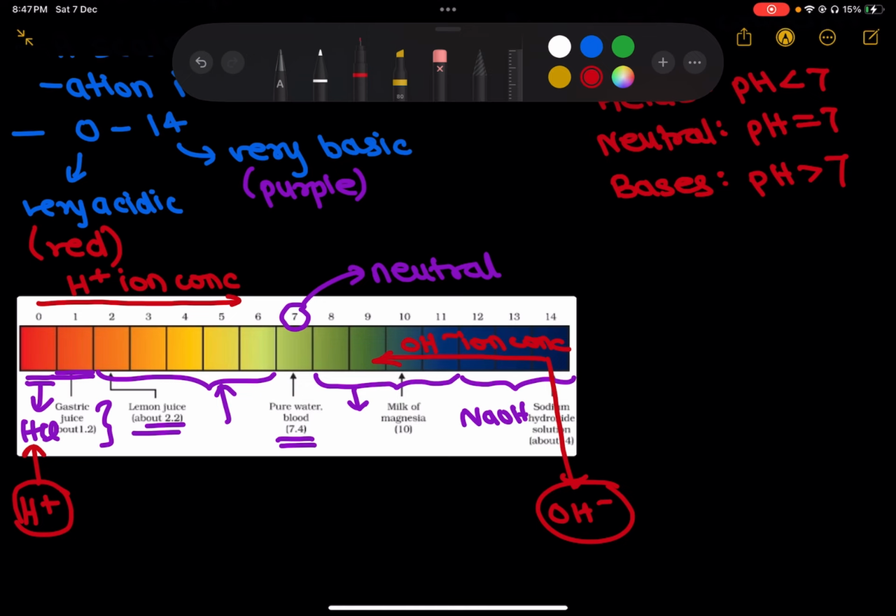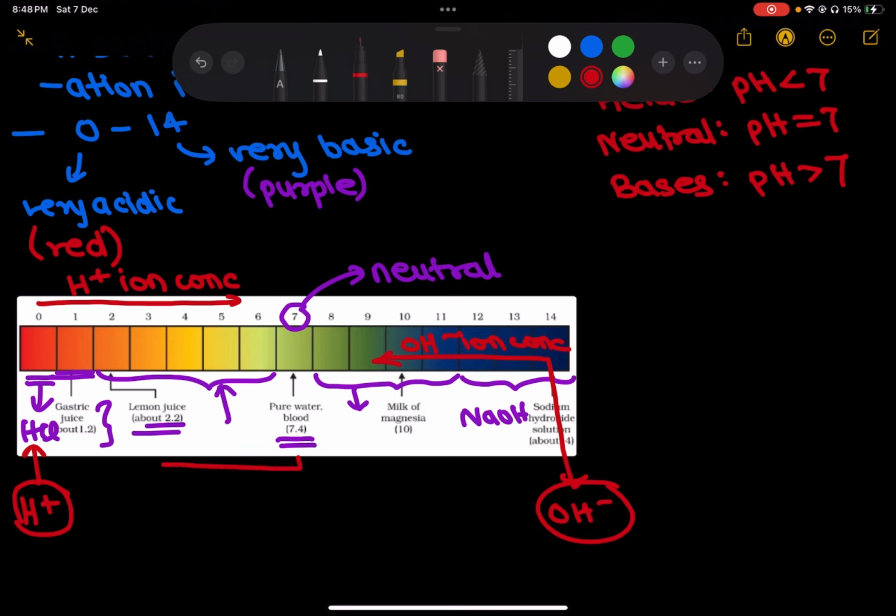Acids also contain OH minus ions, but the H plus ions dominate the presence of OH minus, so we do not consider it. But you should know that it is present. It's not completely 0. Maybe in sodium hydroxide the H plus ion concentration might be very close to 0, but it is not 0.